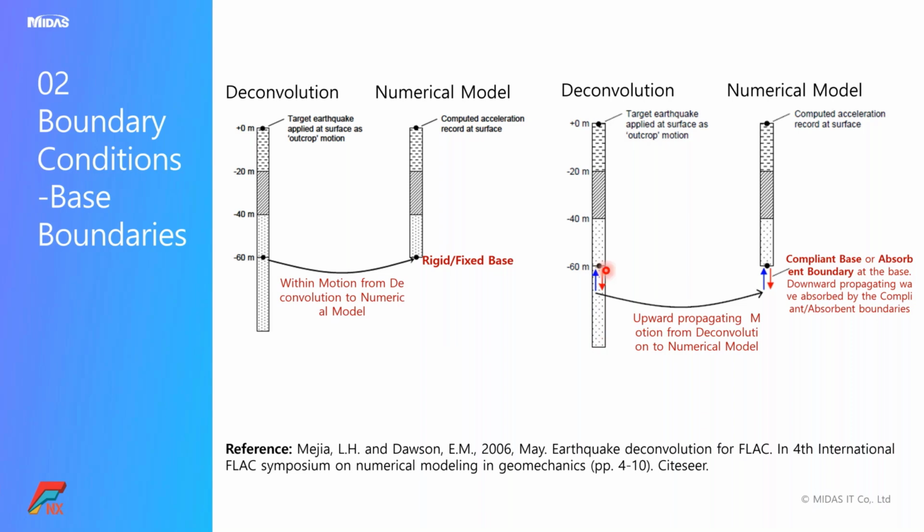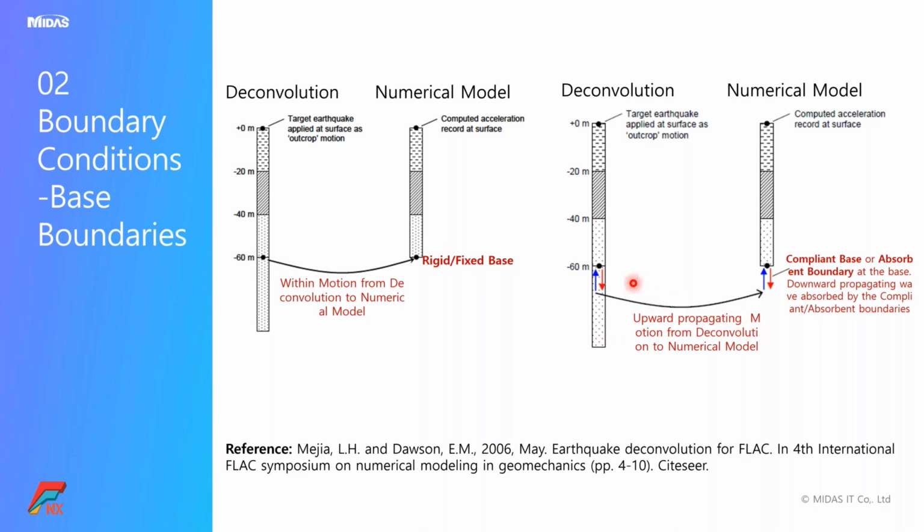In the outcrop motion, there are both upward and downward propagating waves, but here, with rock and then bedrock, there is no downward motion, so we are only considering the upward propagating wave.